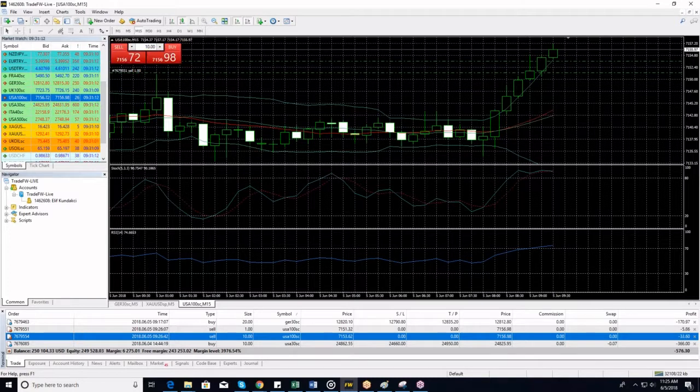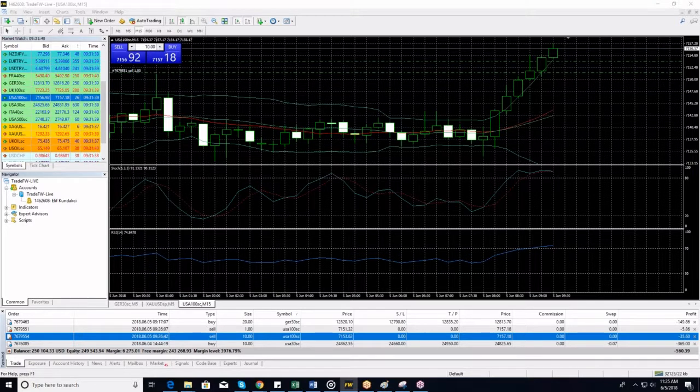Let's put our target prices. I will put my take profit at 7,136, and my stop loss I will put at 7,181.